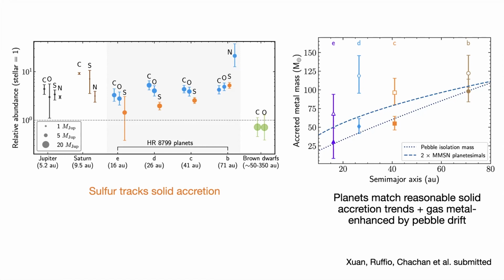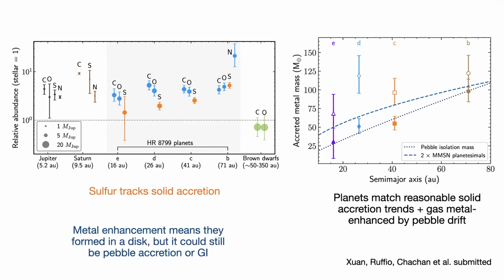And then you still need to add more metals on top of that. And the amount of metals that you need to add on top of that is consistent with the same pebble flux for the whole system, increasing the mass of solids in your disk. And it all works, and it's beautiful, and I love it so much.